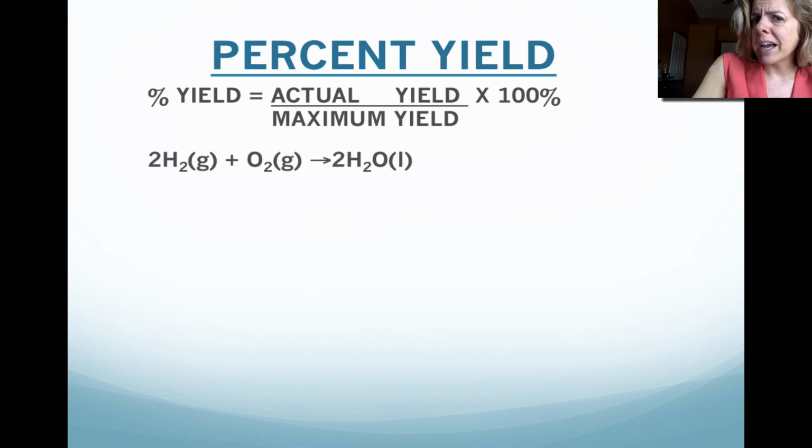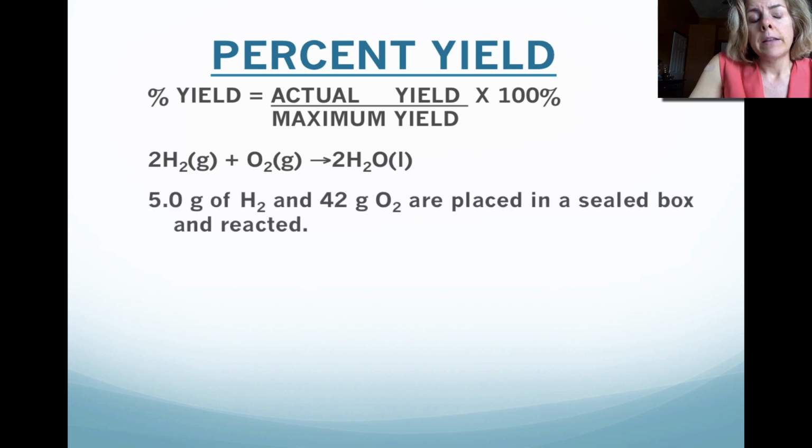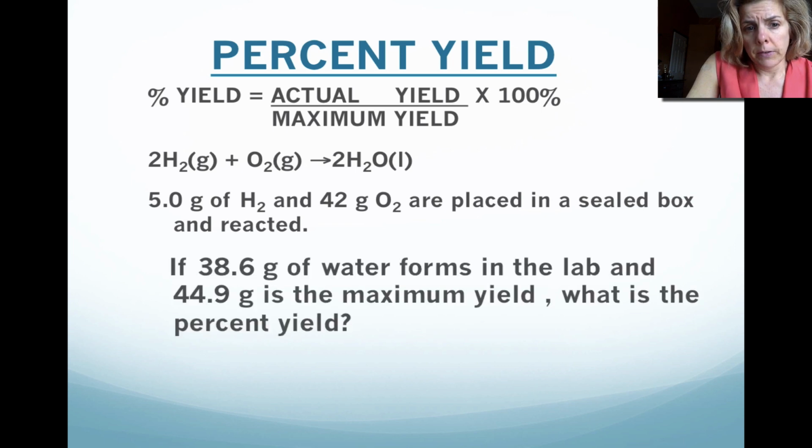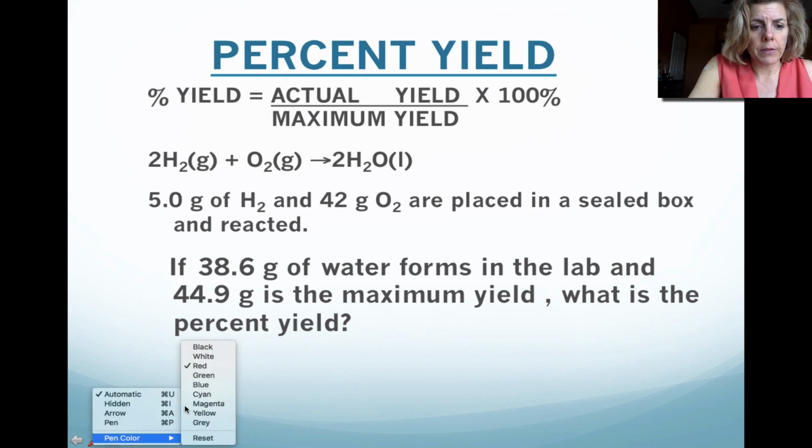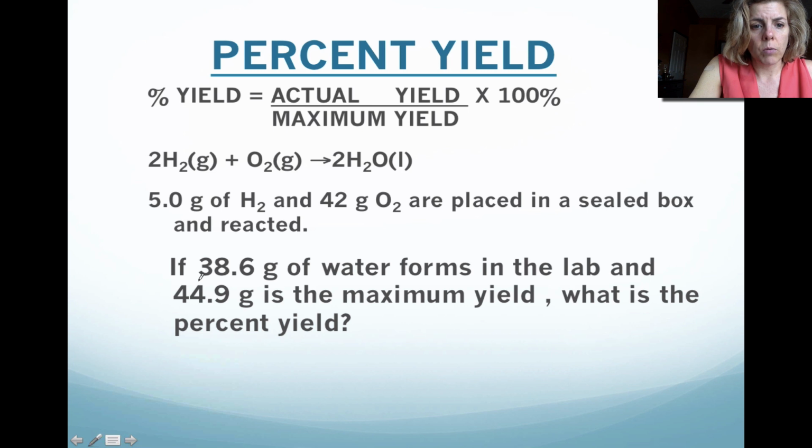So here's a reaction where we have oxygen combined with hydrogen to give us water. And they tell us that we have 5 grams of hydrogen and 42 grams of oxygen, and together they are reacted. So if they find out 38.6, now that 38.6 is a clue that you're actually looking at what we call actual yield.